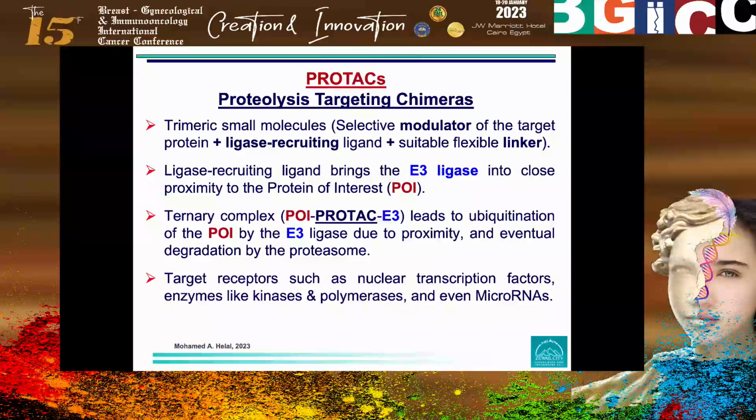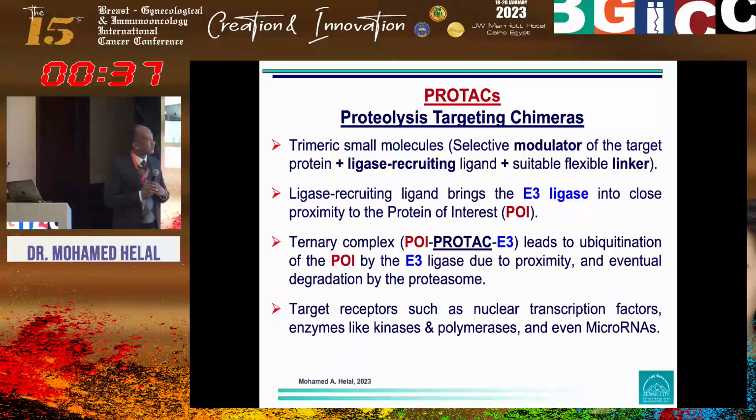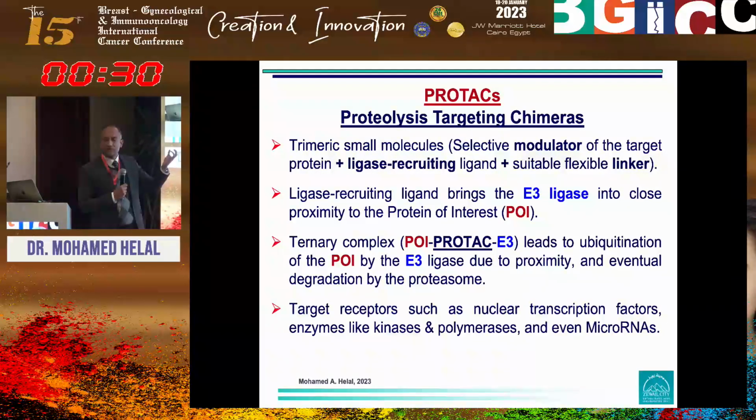And there is another completely different approach, which is PROTACs, proteolysis targeting chimeras. These are trimeric small molecules composed of a selective modulator for the target protein, or inhibitor of EGFR, linked to a ligase recruiting ligand with a stable linker.